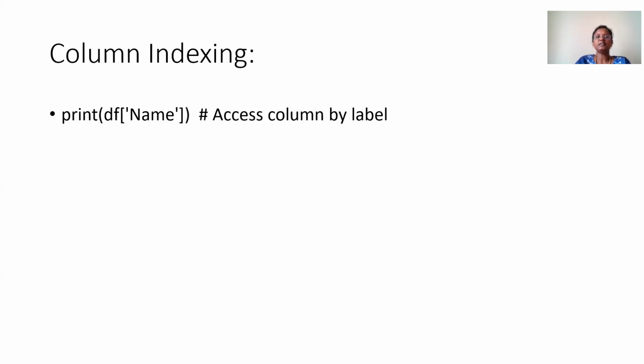When you want to apply a particular function on a particular column, you can use this indexing method. Because in data analysis, we cannot apply all the functions on all the values. We can apply them, but whenever we want to apply a necessary function on particular data, we have to index it. According to the index, we can apply the operations.